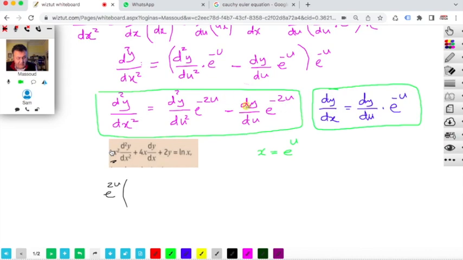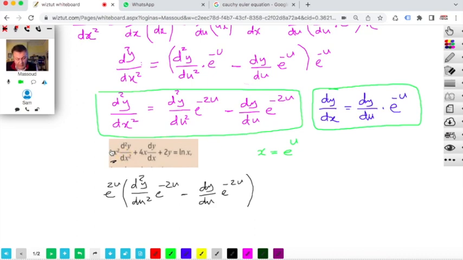So we have d2y du squared e to the power of minus 2u minus dy du e to the power of minus 2u. So that's the first part of the substitution done.